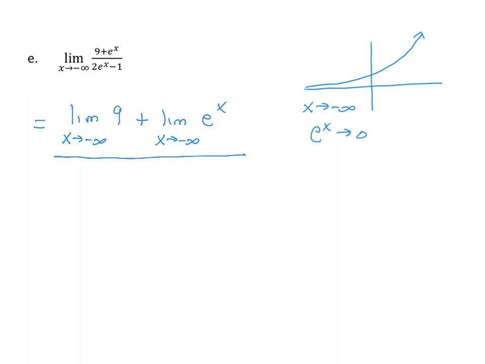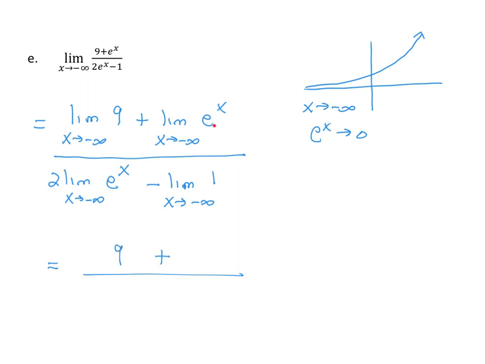This is all divided by the limit as x approaches negative infinity of, maybe I'll put this one as 2 e to the x. I can move that 2 outside of the limit, and then do minus the limit as x approaches negative infinity of 1. The reason for this is a constant, so the limit is just 9.